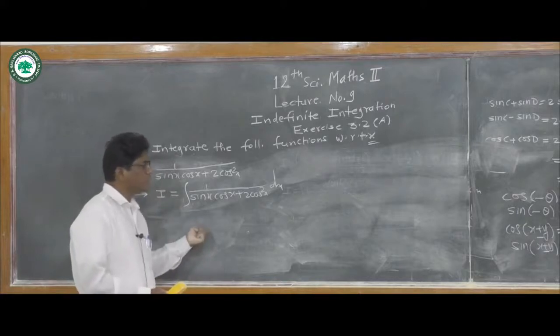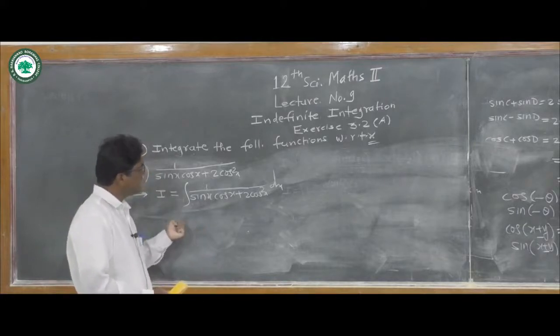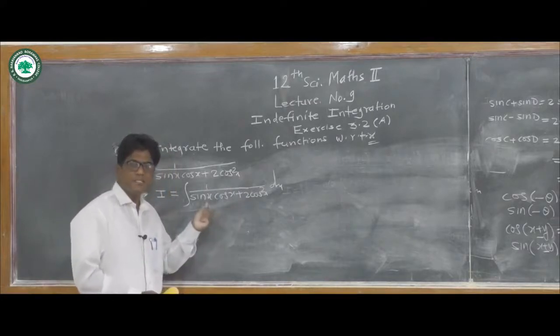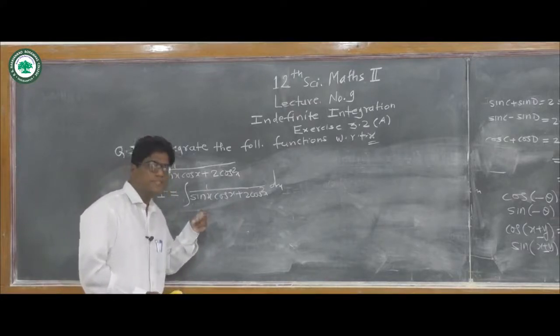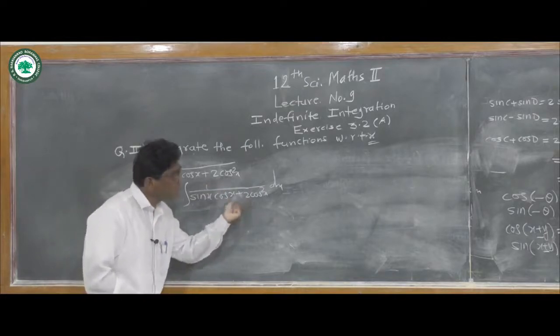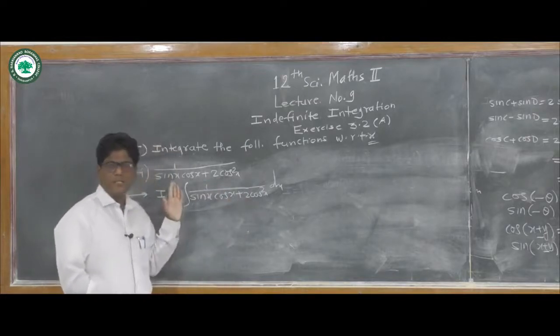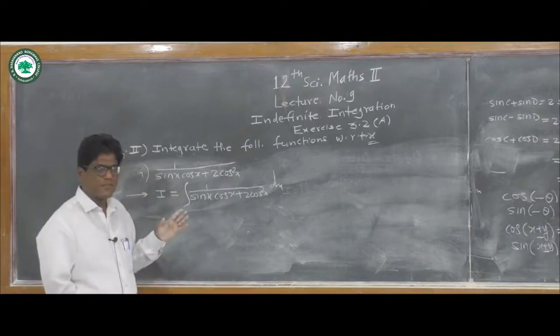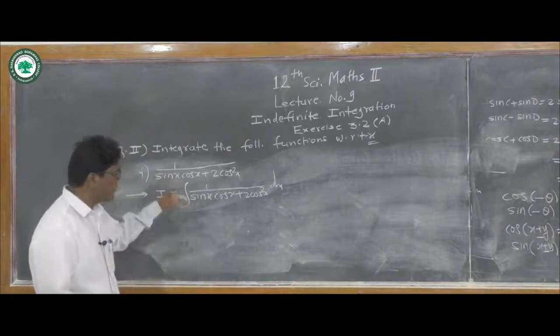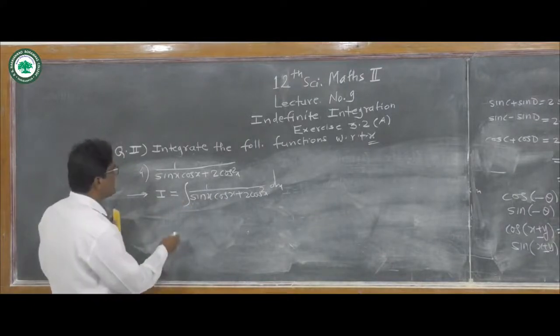But we should take precaution when cos square x is in the denominator. Which trick do we have to use here? When cos square x is in the denominator, we divide numerator and denominator by cos square x.